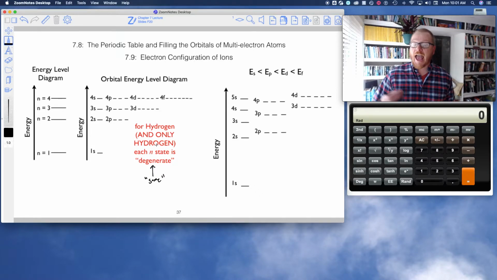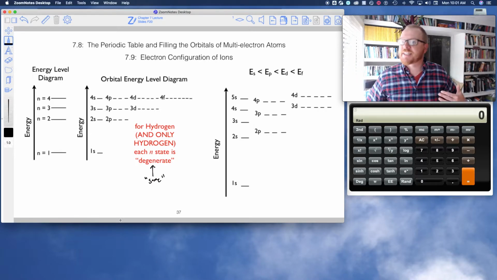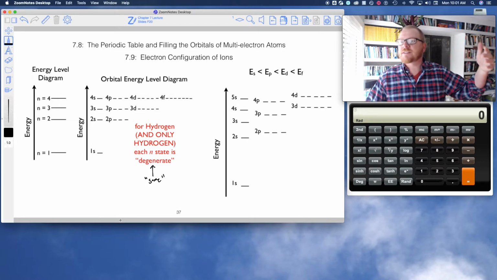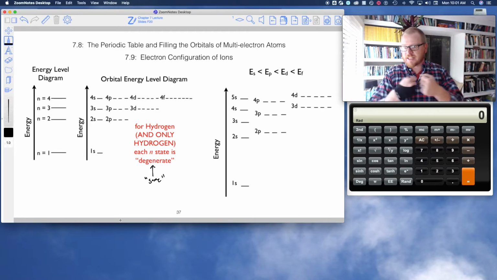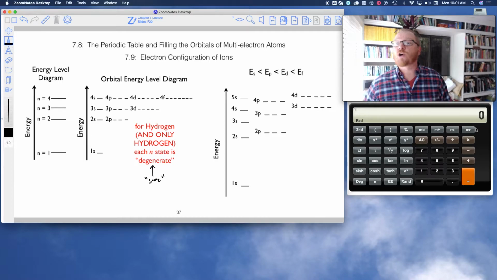However, as soon as we put multiple electrons in there, those levels interfere with each other and cause them to split. Because, for one, electrons repel other electrons. That's the particle interaction. But electrons also interfere with other electrons. That's the wave interaction.